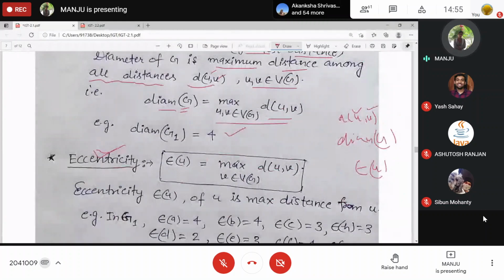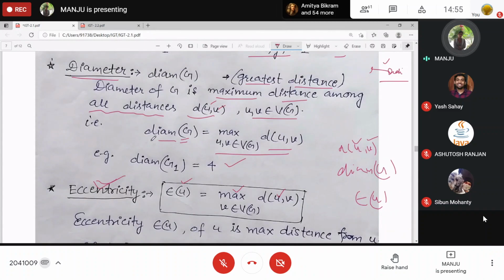Now eccentricity. Eccentricity is the maximum, the largest distance from the point U. What is the difference between diameter and eccentricity? This is again maximum, na?